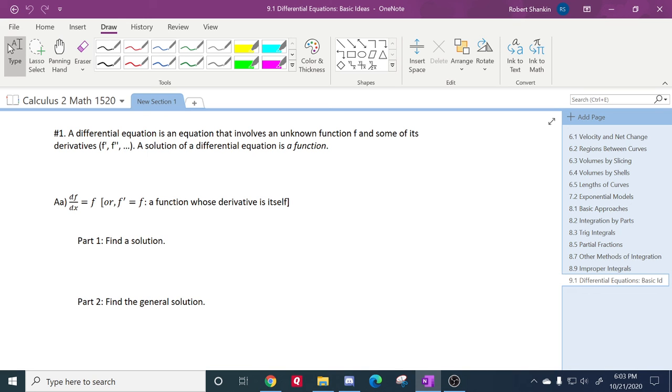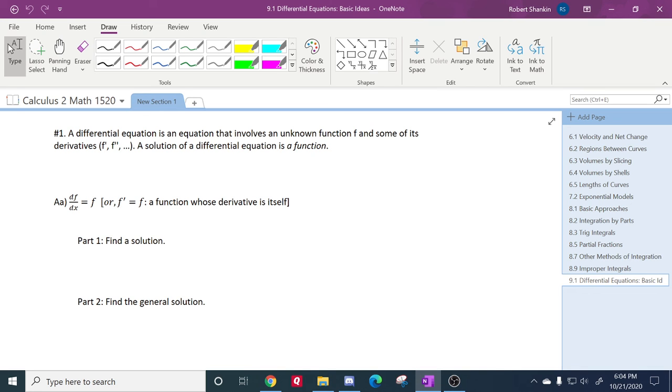Another way that this can be put is f prime is f. So this is a function whose derivative is itself. When you take the derivative, you get the function right back. All right, so part 1 is to find a solution to this.